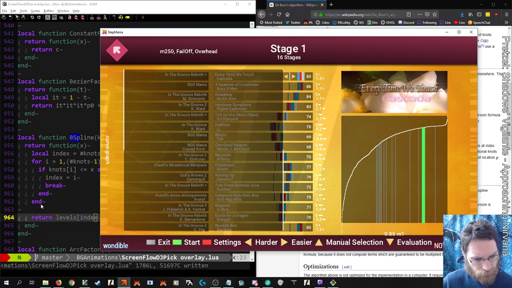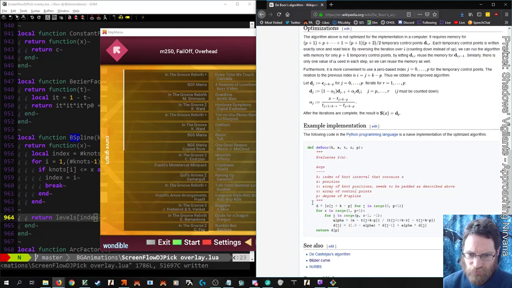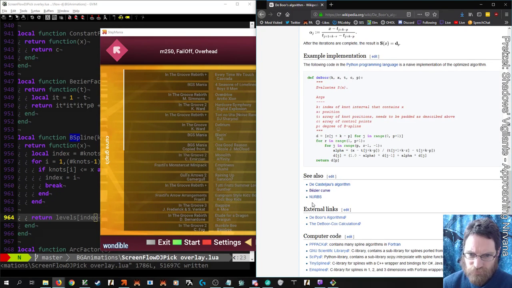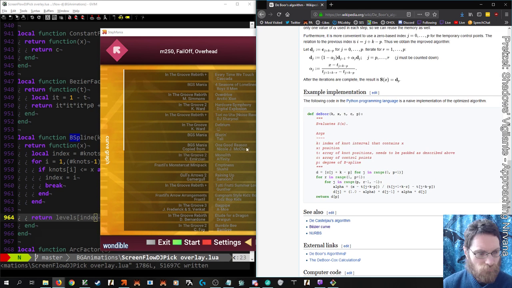Although, wait, does x ever even come into this? X minus, divided by. So that's probably the progression factor from one point to the next.